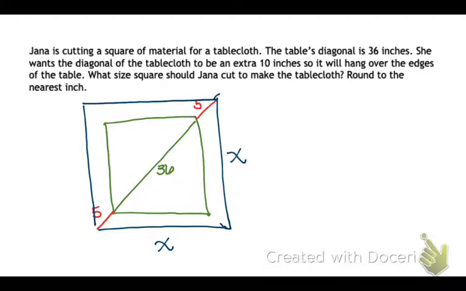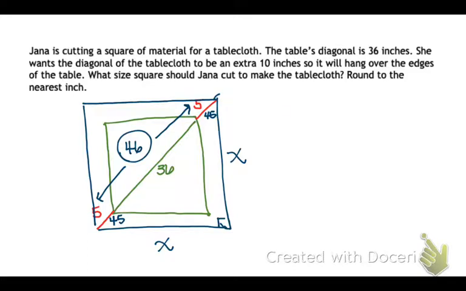So her total diagonal now is going to be 46 inches because we've added 10 inches in total. And because we had a square, we know that we cut these corners into congruent angles. So now we have a 45, 45, 90 triangle that we can use to help us find the other two sides of that square.